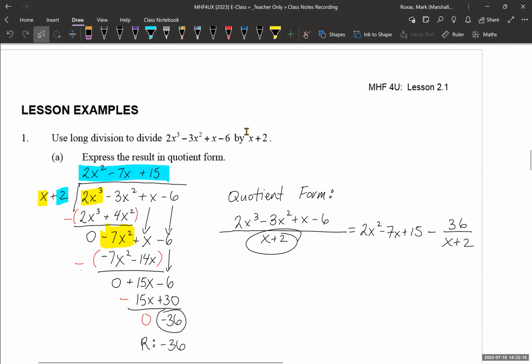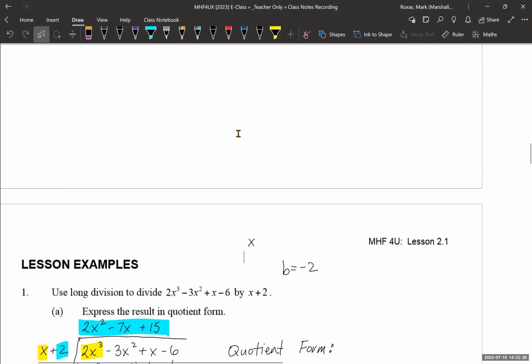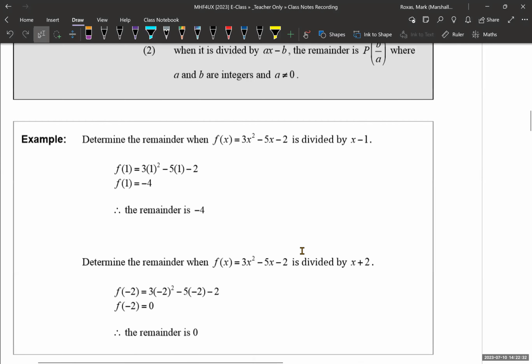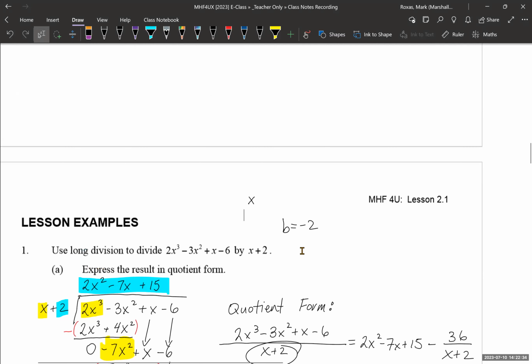If I took the value b, so here b is negative 2. When a polynomial p of x is divided by x minus b, so x minus b equals x plus 2. So b equals negative 2.